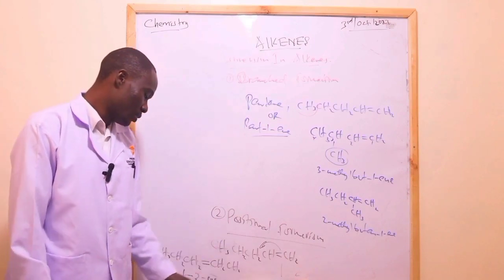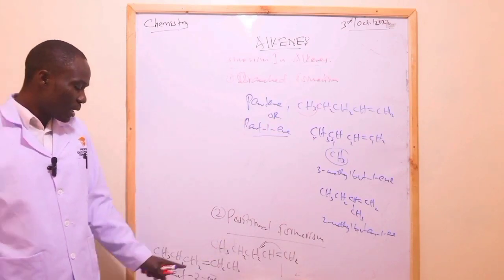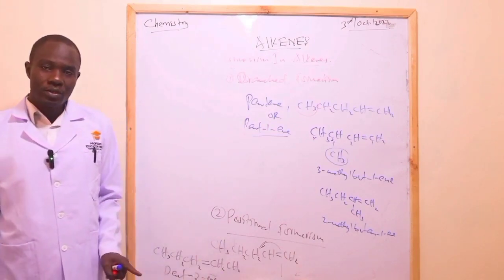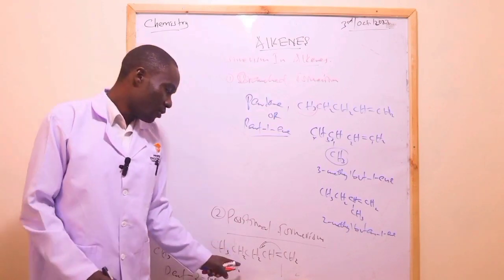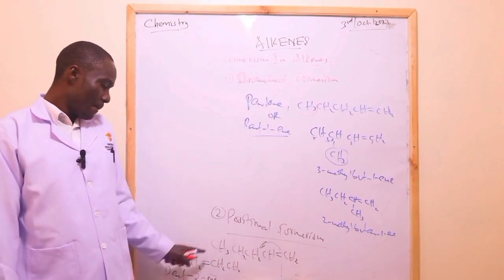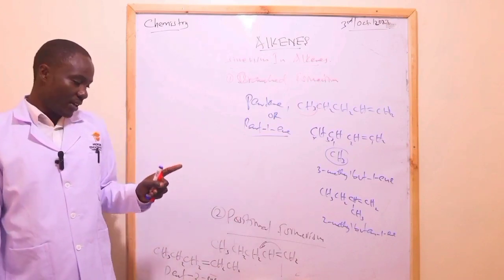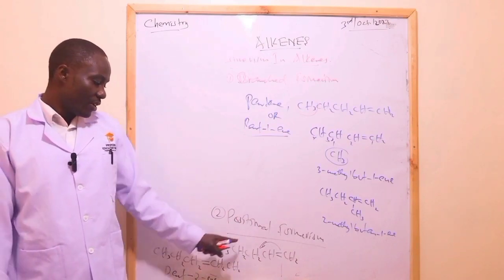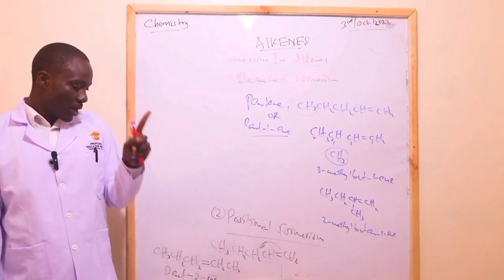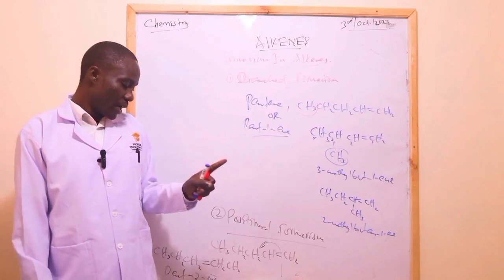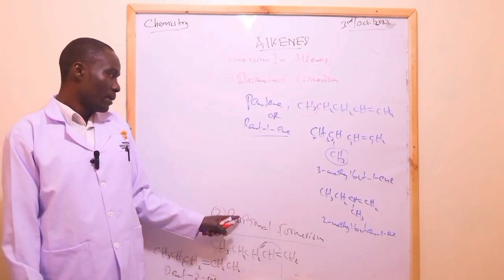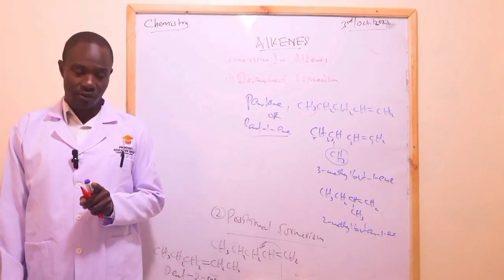Should we move it between carbon number 1 and carbon number 2, it will be on carbon number 1. So the name will be pent-1-ene.